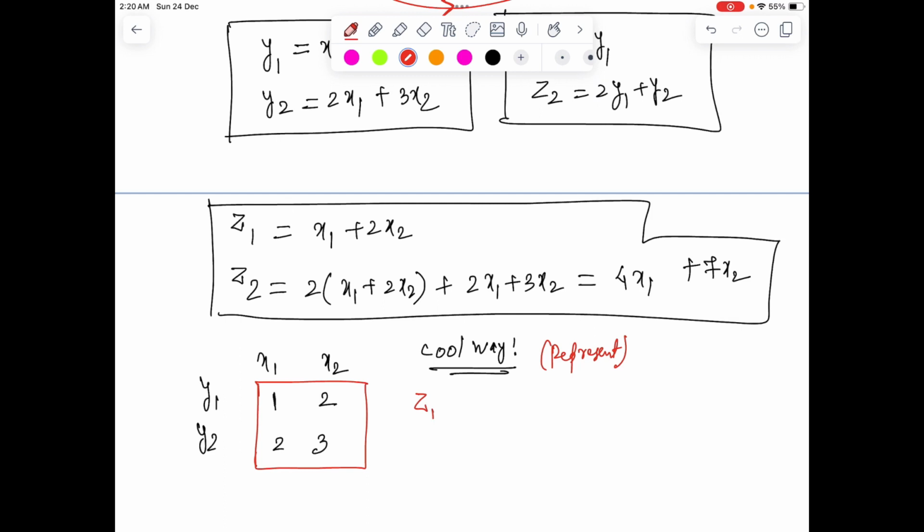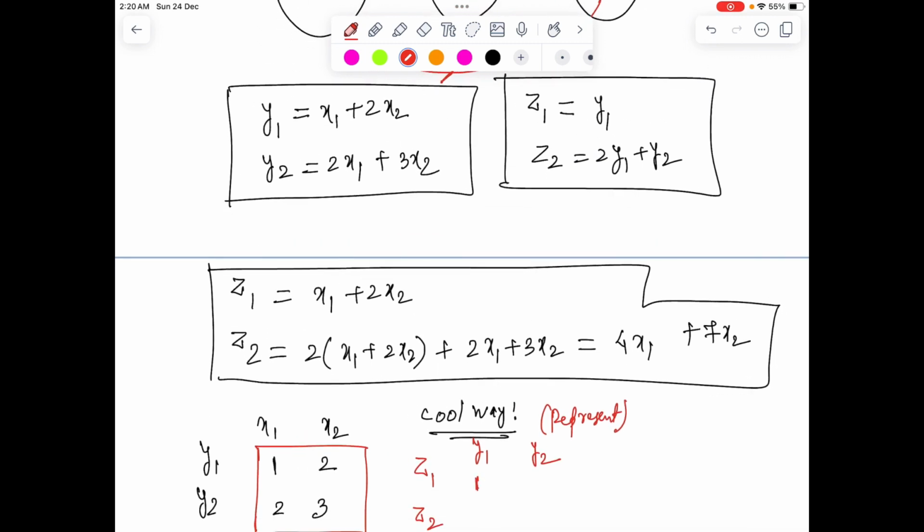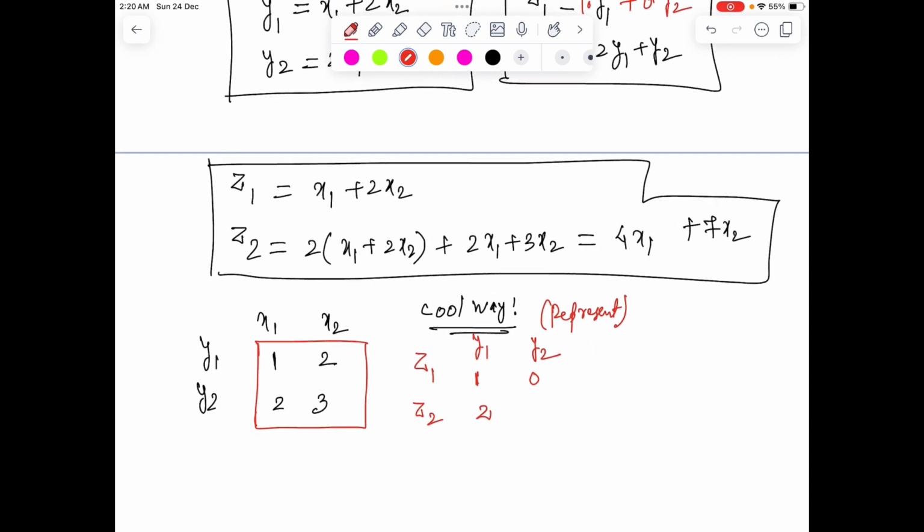Let's represent the z and y relation exactly in the same way. So we have z1, z2, y1 and y2, and the y1 coefficient was 1. There was no y2 here because I can write it as 1 y1 plus 0 y2, right? The other was 2 and 1. So again it can be expressed in this fashion.